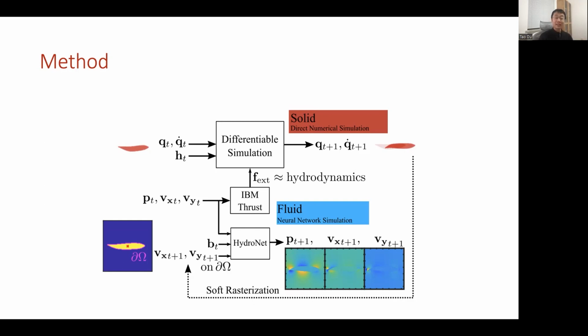On the other hand, the fluid region is much more difficult to tackle. As Professor Yue mentioned just now, it's hard to measure water. Not only because fluid dynamics are sensitive to boundary conditions and chaotic, but also their hyperparameters like viscosity are very difficult to measure.